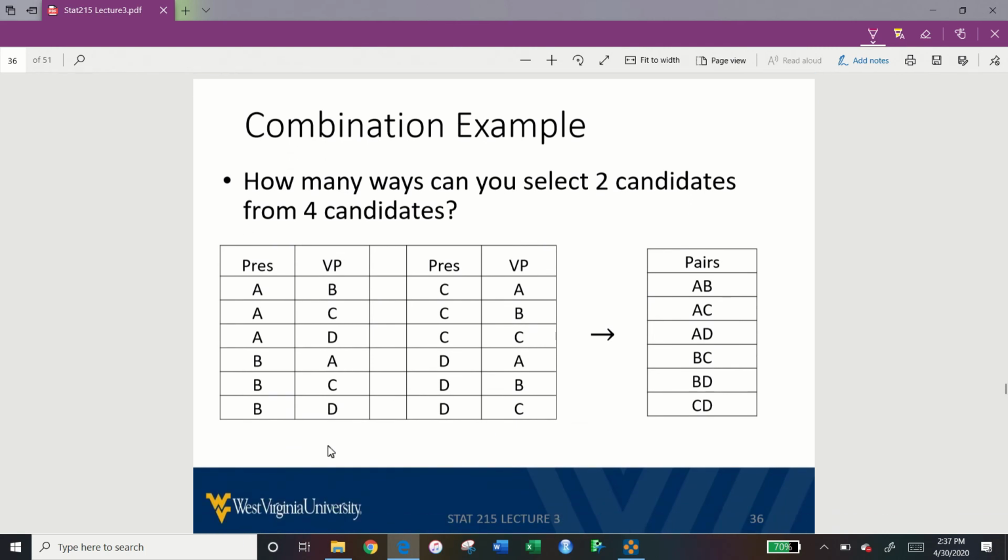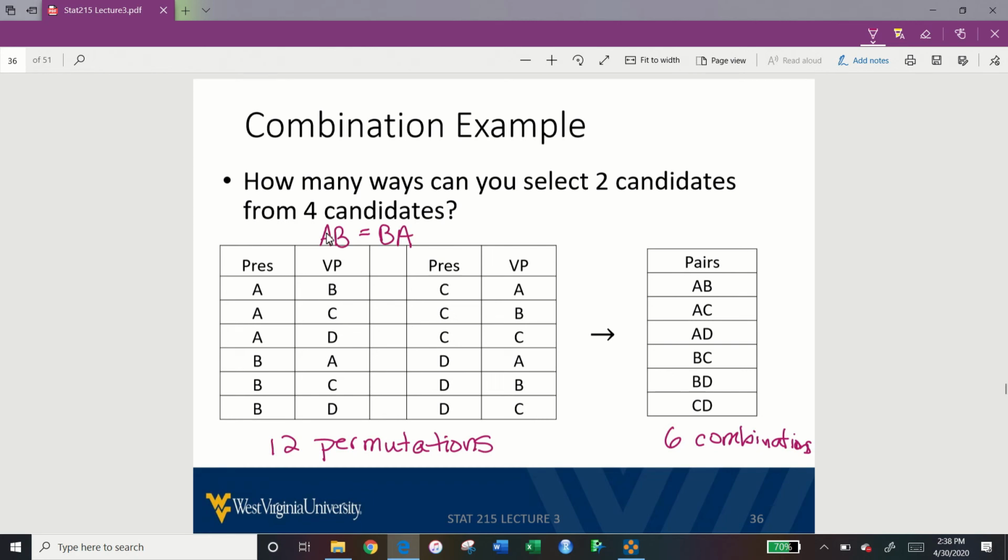So, for our combination example, how many ways can you select 2 candidates from 4 candidates? Meaning, instead of having our 12 permutations, instead, we could just have 6 combinations. So in this case, for permutations, candidate AB and BA were distinct.